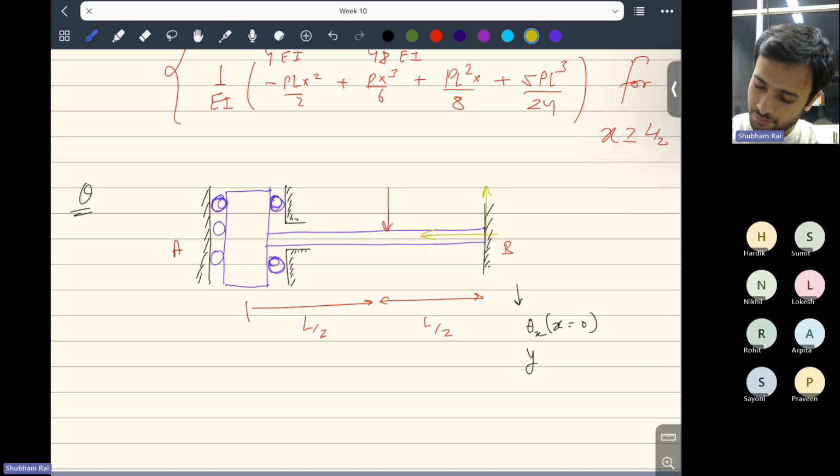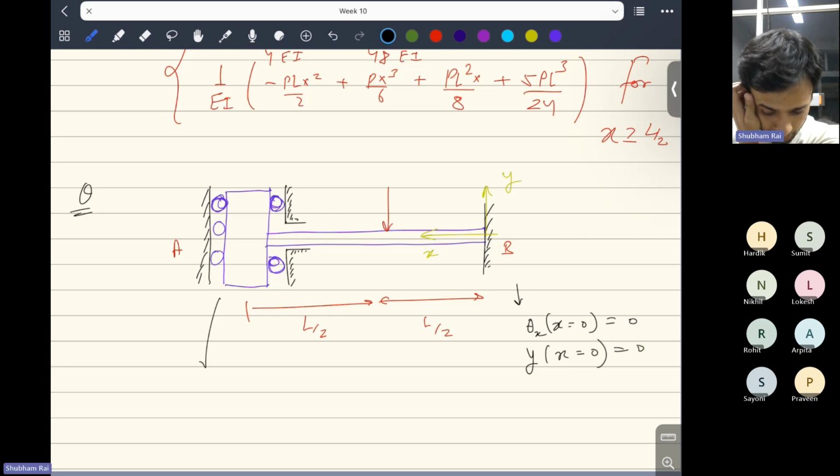This is the x coordinate, this is the y coordinate. So at x equal to 0, theta will be 0, and y at x equal to 0 should also be 0. And here you have y allowed, I mean, the movement is allowed.